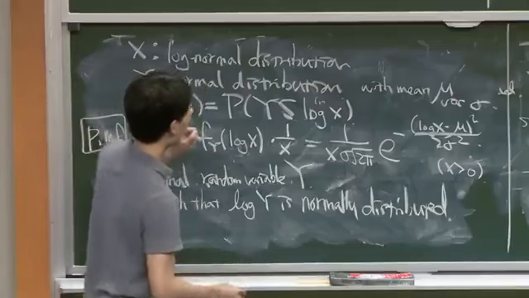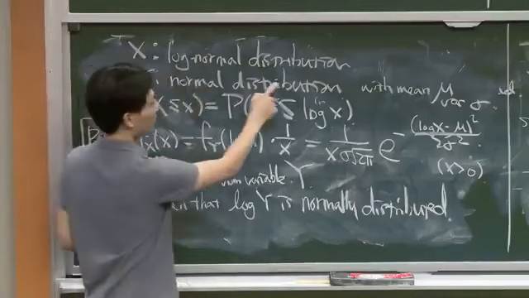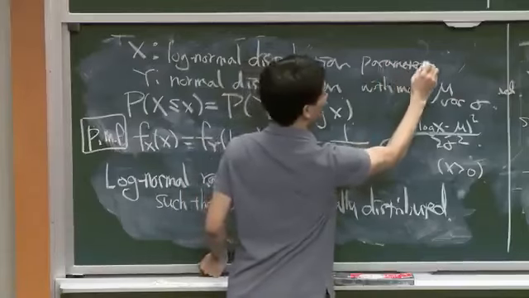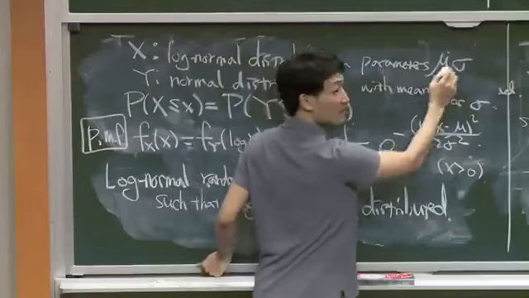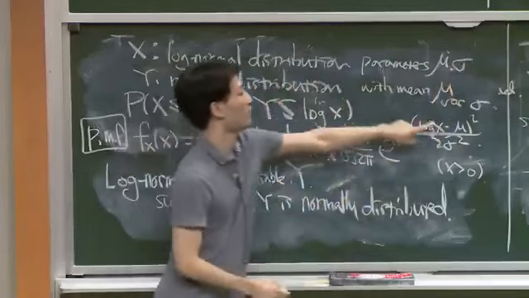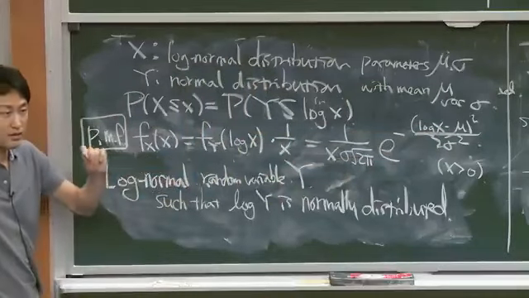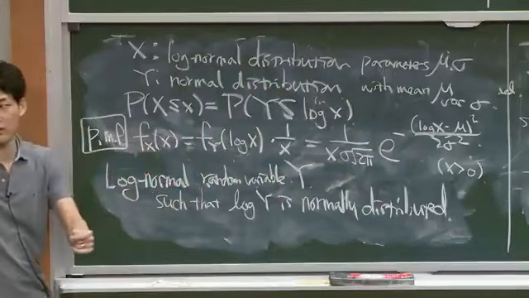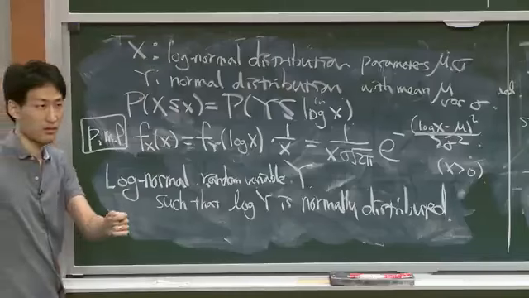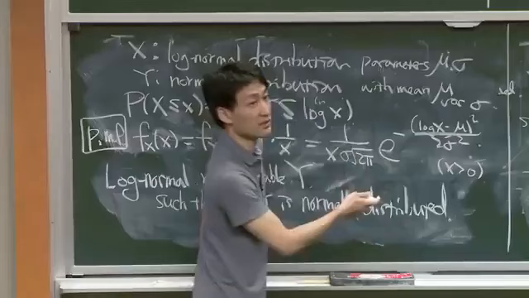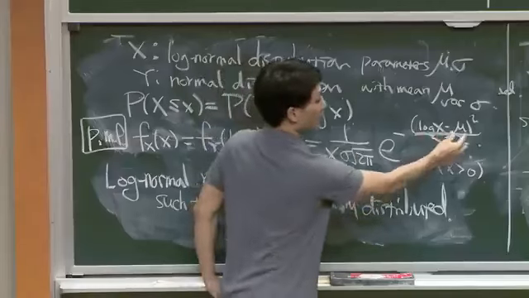One very important thing to remember is that log normal distributions are referred to in terms of the parameters mu and sigma, because that's the mu and sigma appearing here coming from the normal distribution. But those are not the mean and variance anymore. Because you skewed the distribution, it's no longer centered at mu.